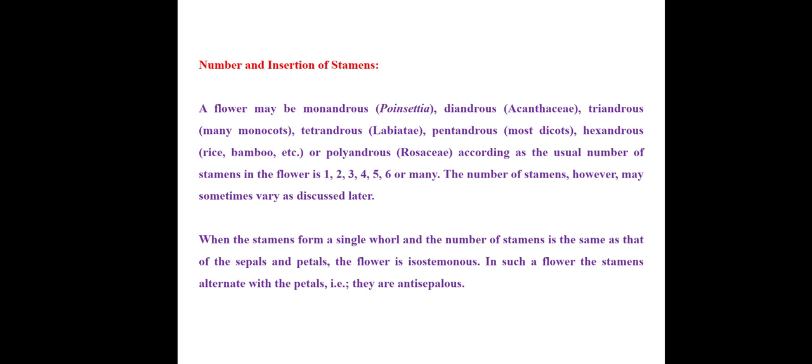In such a flower, the stamens alternate with the petals. Always keep in mind, if the calyx, corolla and androecium are of the same number, the flower is said to be isostaminous, but in the flower the stamens are alternate with petals, that is, they are antisepalous, not antipetalous. Fine.